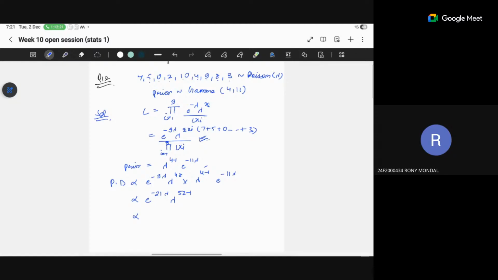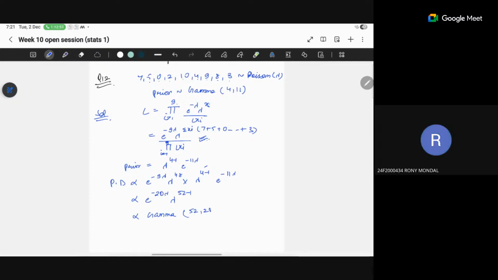So which distribution is it following? Gamma with parameters 52 and 20. Ma'am, how did 21 come? Oh, sorry, this is 20.